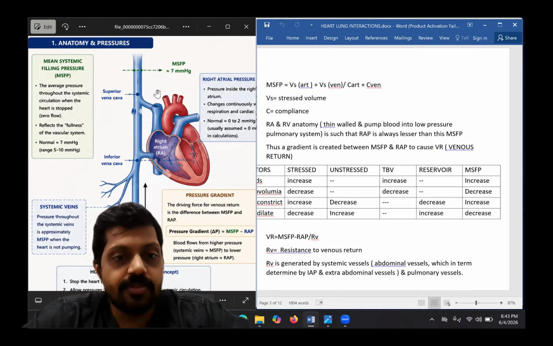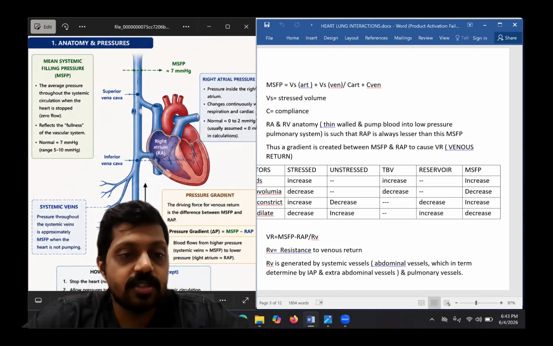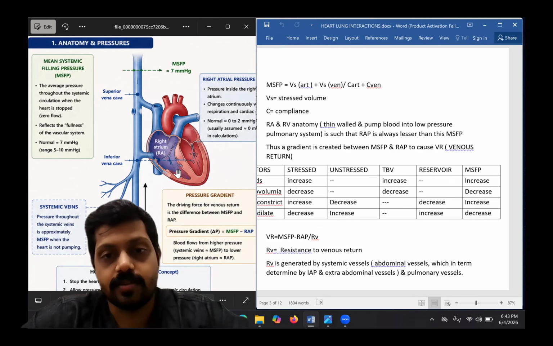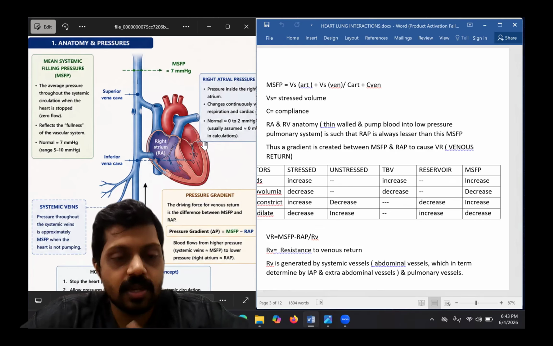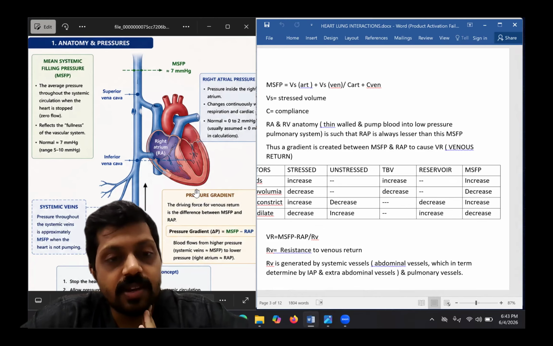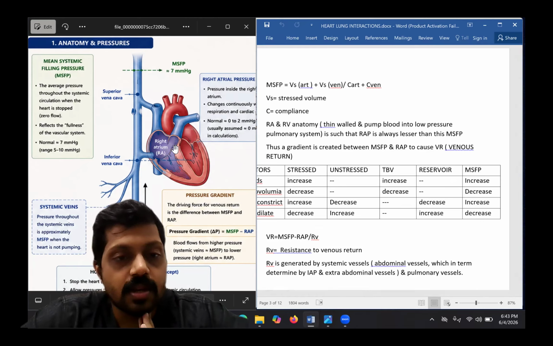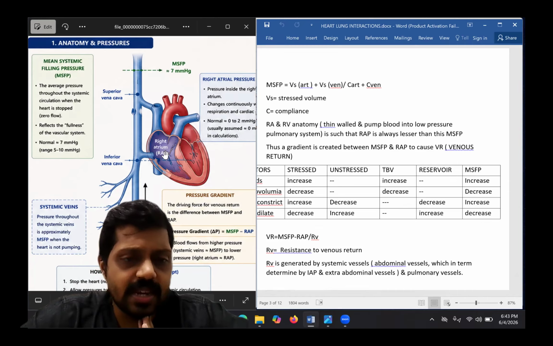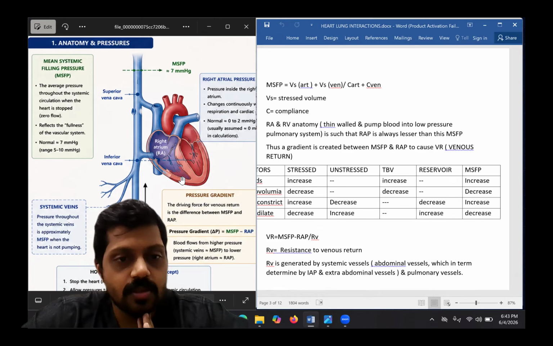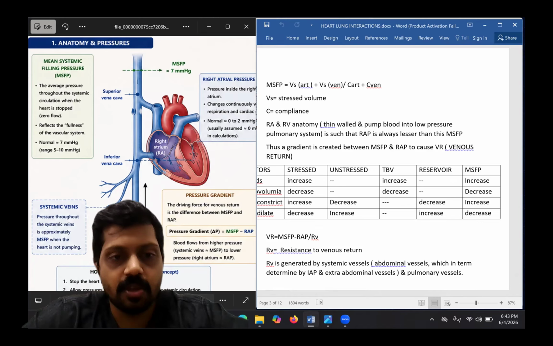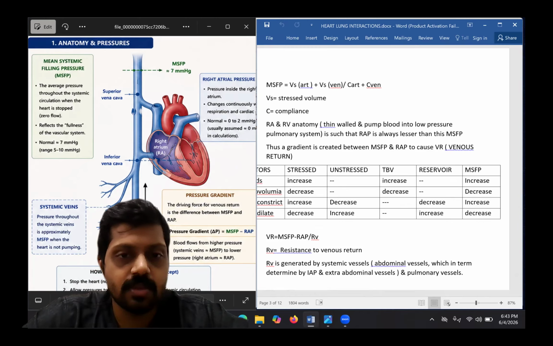So this creates a pressure difference, otherwise called a pressure gradient. And this pressure gradient is what causes the venous return to the right side of the heart. Okay, why? What is special about anatomy and physiology? It is a very thin walled chamber, and it only has to generate very less pressure to propel the blood into the pulmonary system because this is a very low vascular resistance system. So it only has to generate very less pressure. Okay, because of this, this pressure is much lesser than the mean systemic filling pressure.